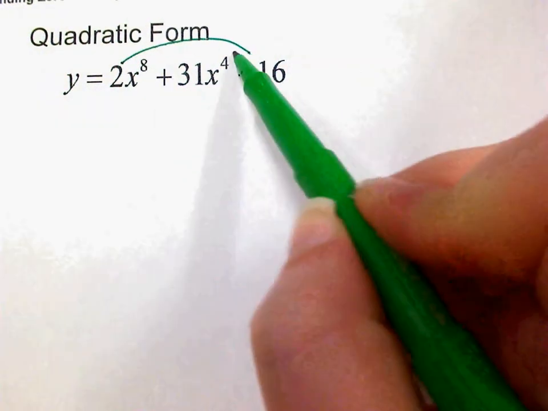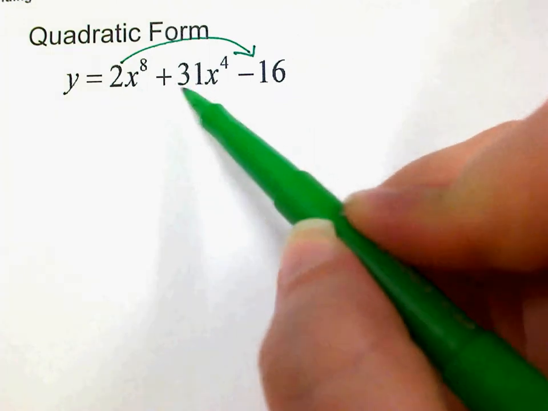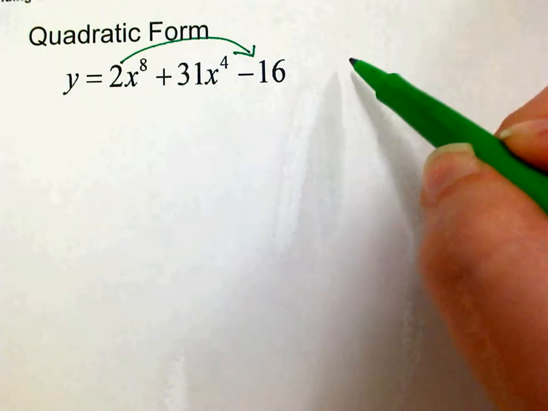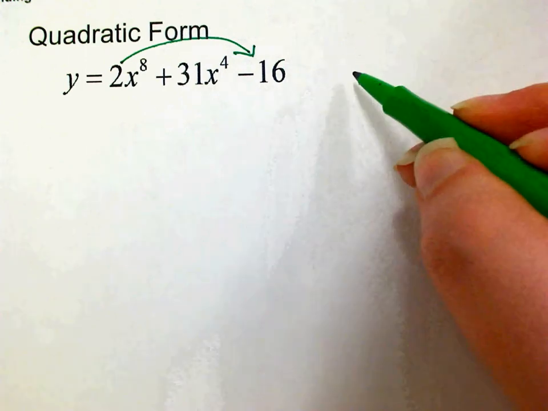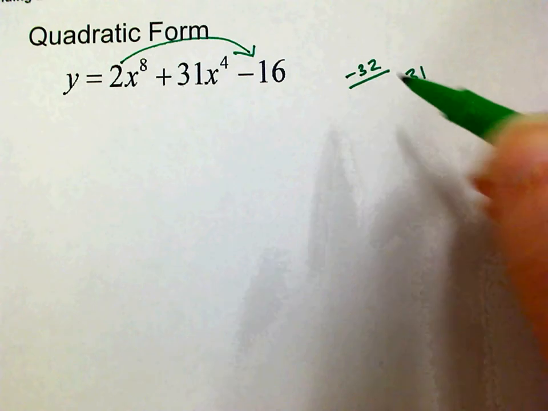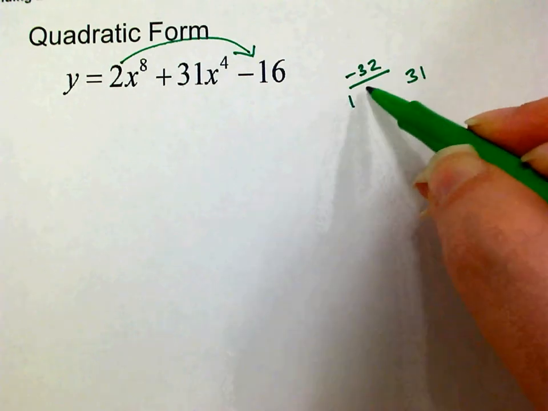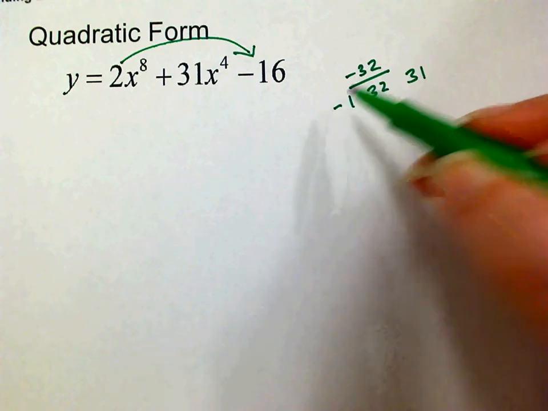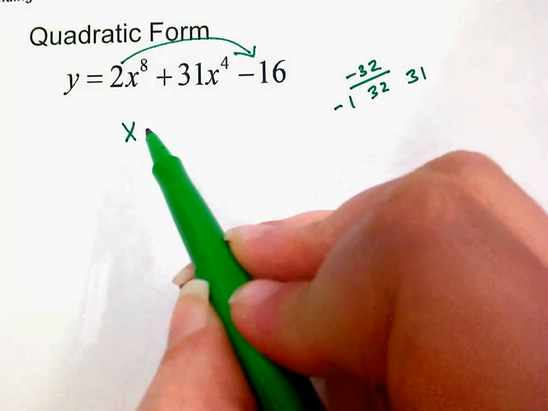If you can't factor it out, then you can't do that. So what's 2 times negative 16? I'm looking for the factors of negative 32 that add up to 31. I'm thinking 1 and 32. Which one's negative? The 1, right? So we've got negative 1 and positive 32.